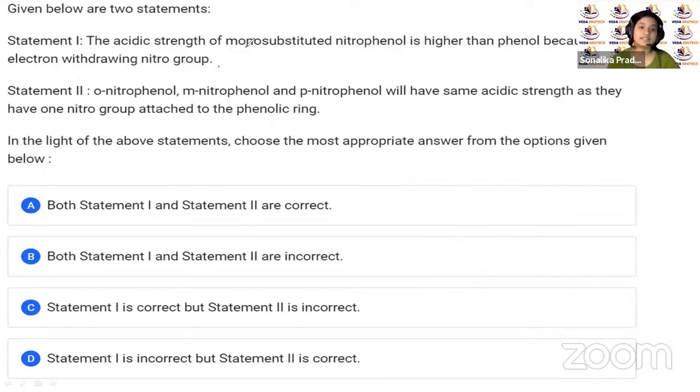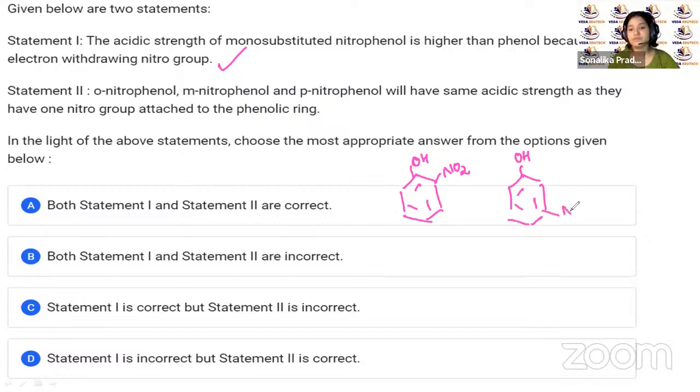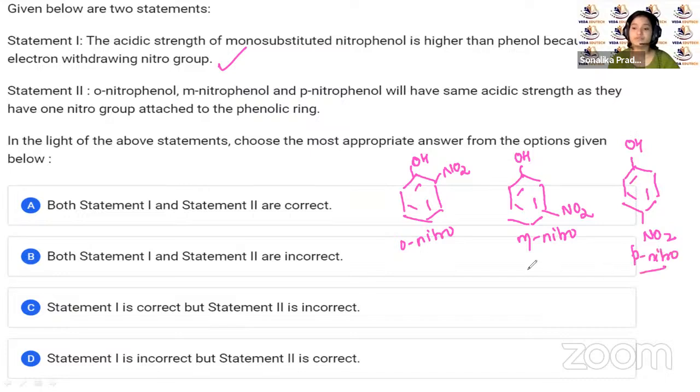Let us look at the second statement. It is talking about the 3 nitrophenols. Yeah, so this is O-nitrophenol. This is M-nitro. This is P-nitro.